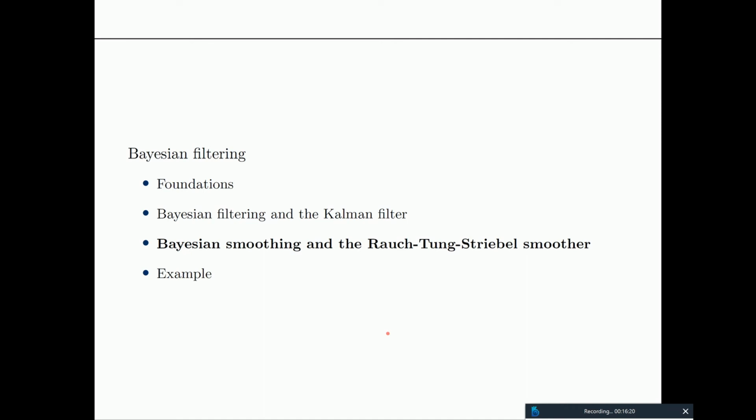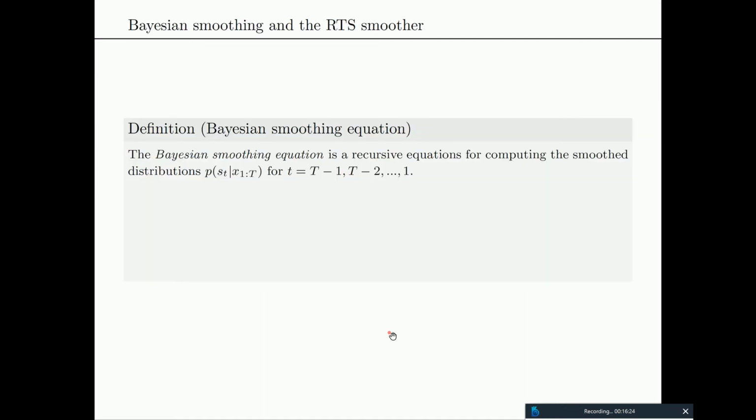Good. Then smoothing. The big difference between filtering and smoothing, again, is that in filtering we look at the distribution of the state. But maybe one brief insert.